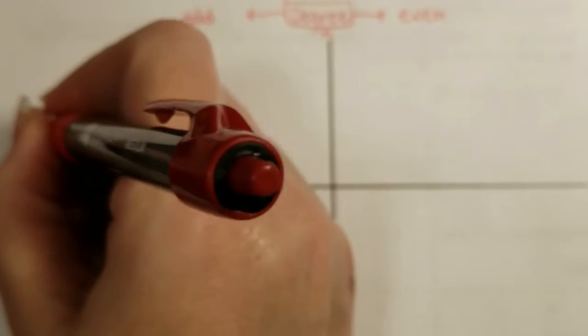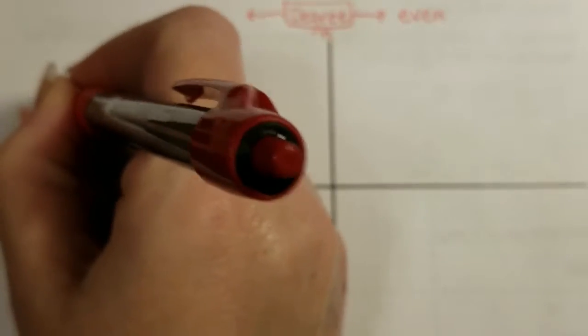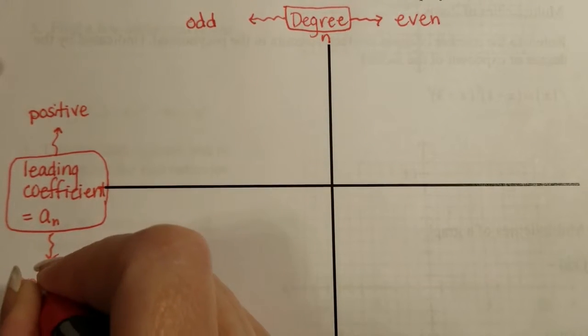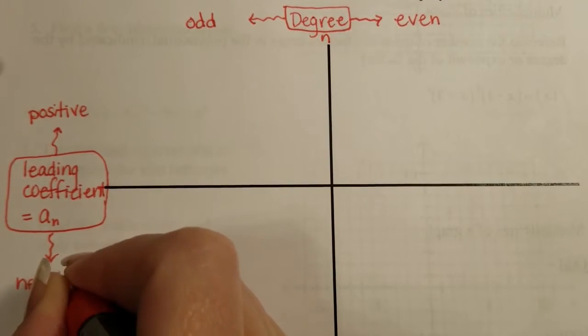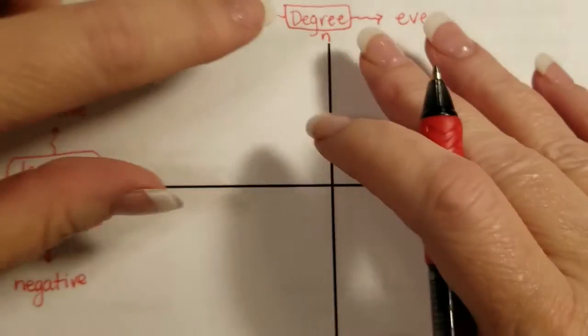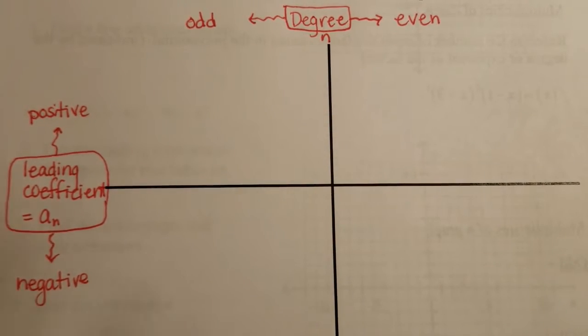That could be positive, or it could be negative. Now, when we determine the degree and the leading coefficient, that will give us 4 specific options as to what is happening to the end behaviors.